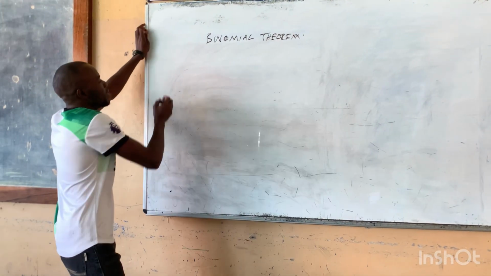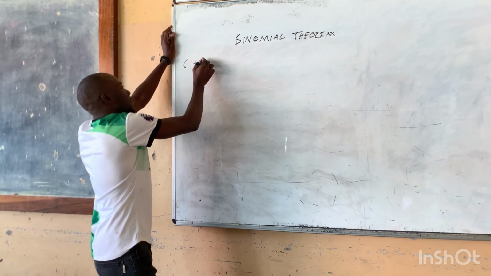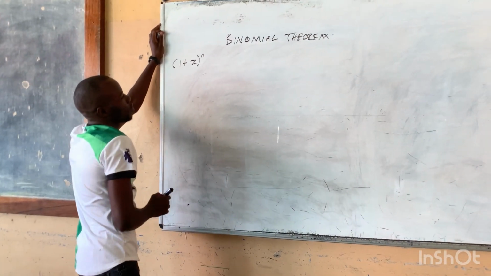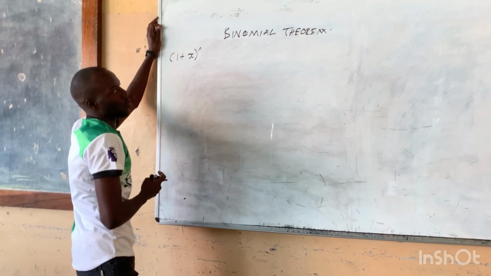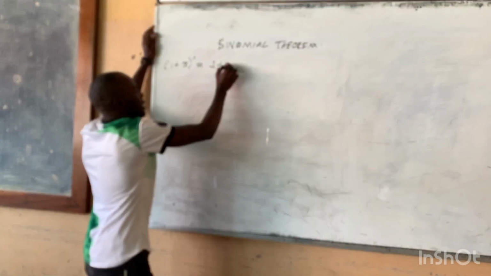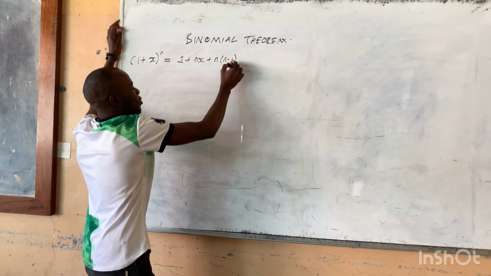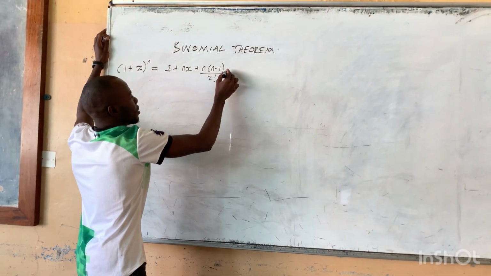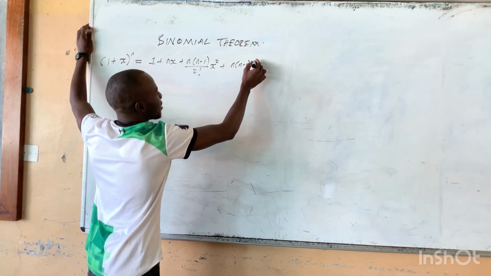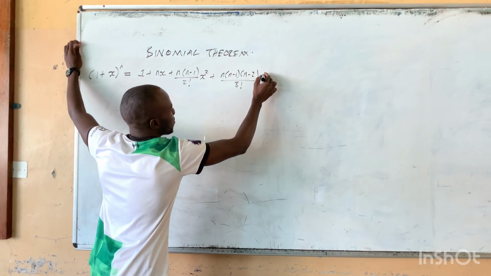If you have a binomial expansion in this form, 1 plus x raised to the power n, it can be given as 1 plus nx plus n(n minus 1) over 2 factorial x squared plus n(n minus 1)(n minus 2) over 3 factorial x to the power 3.